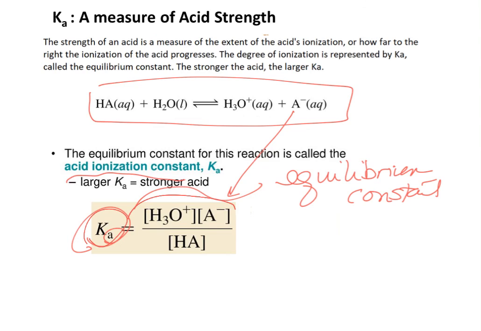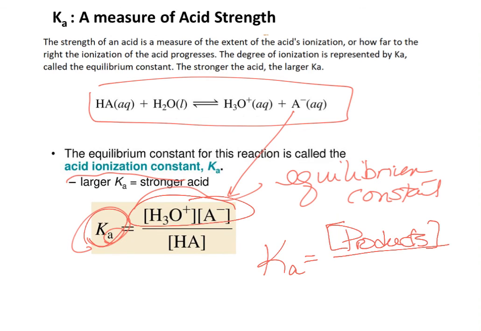Notice that in the numerator of Ka are the products. So I'm going to simplify this. Ka can be thought of as the concentration of products on the top divided by, you see what HA is? Divided by the concentration of reactants. So it's products over reactants.